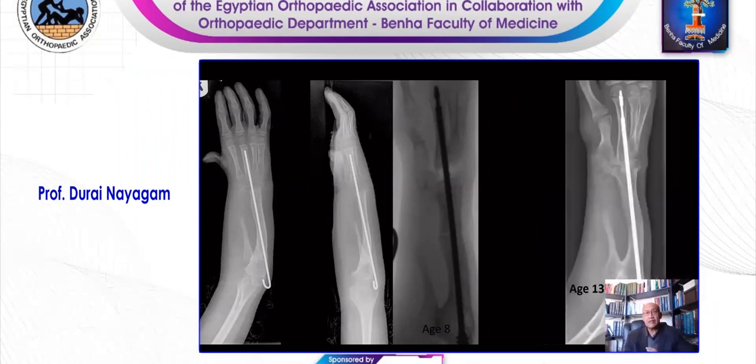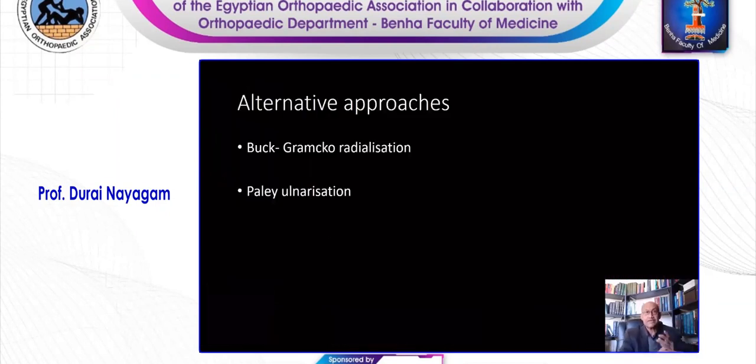And here the final picture shows, in a different case, how the wrist has autofused completely without any formal need of fusion by the age of 13. And this is something we find occurs quite commonly.